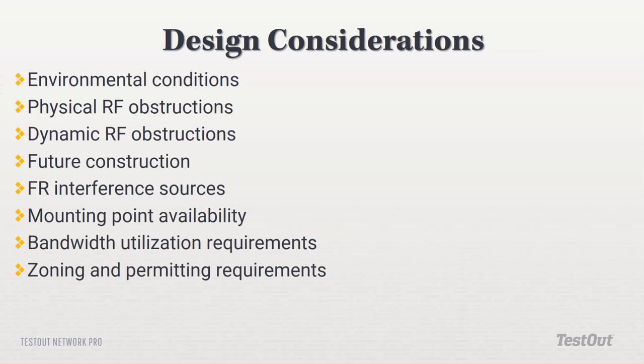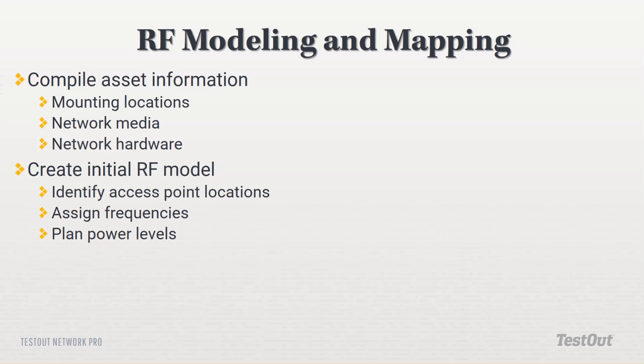Again, more considerations: environmental, physical, any kind of obstructions, future construction, frequency interference, and mounting points available. If you're going to use an antenna, you have to mount it. It can't float on a balloon. Bandwidth. And then, of course, you have the city. Are you going to be allowed to do all these things?